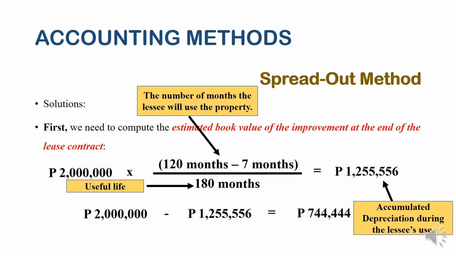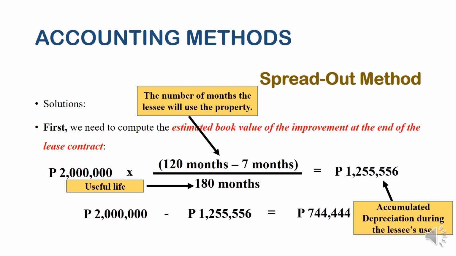Okay? Again, 2 million times 120 minus 7, this is 113. This is the number of months that the lessee will use the property. Okay? Why we deduct 7 months?